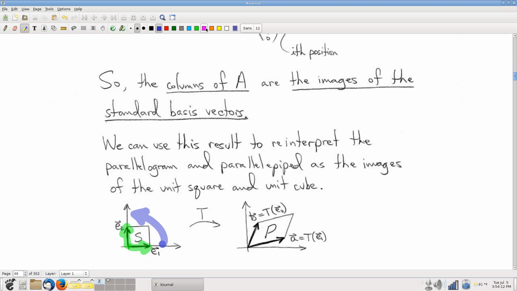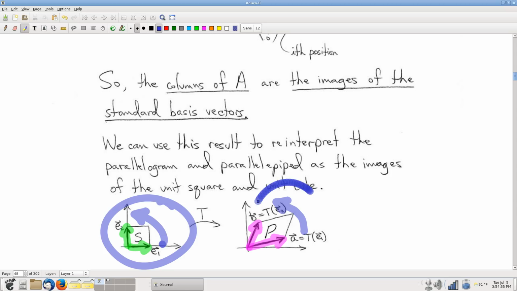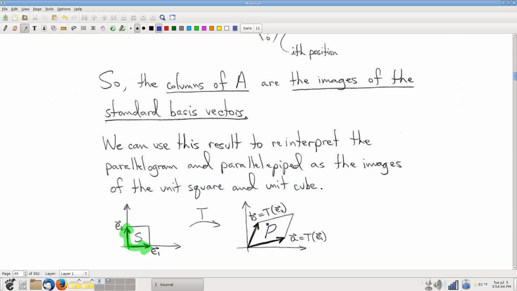In this drawn case, T of E1 and T of E2, what would I make of the assertion that this is a counterclockwise order? Well, the observation I would make is that this counterclockwise pair of vectors turned into another counterclockwise pair of vectors, and so the handedness was preserved. On the other hand, let's imagine a different scenario.